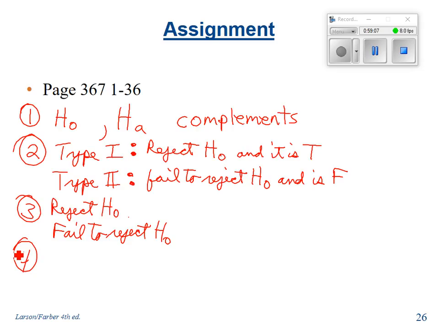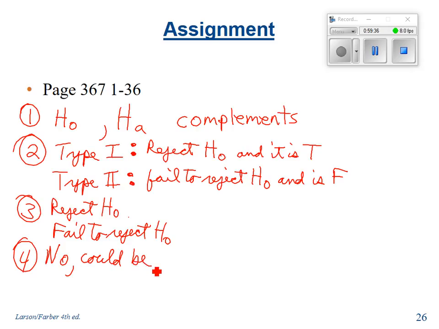Number 4, what's number 4 say? Does failing to reject a null hypothesis mean that the null hypothesis is true? Explain. And we just explained that, right? Just because we fail to reject it, does that mean it's true? No, it could still be false. How do you explain it? Let's put no. Could be false.